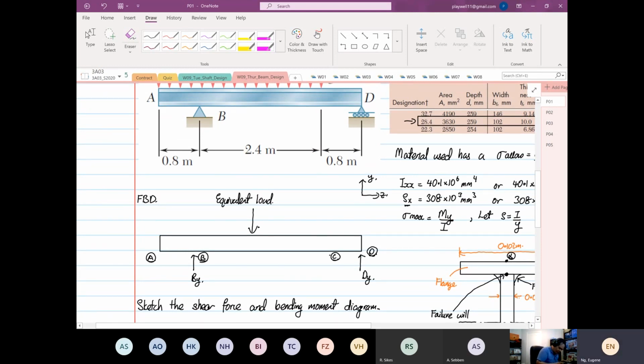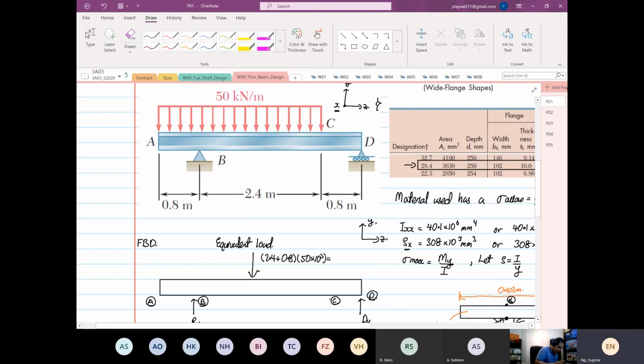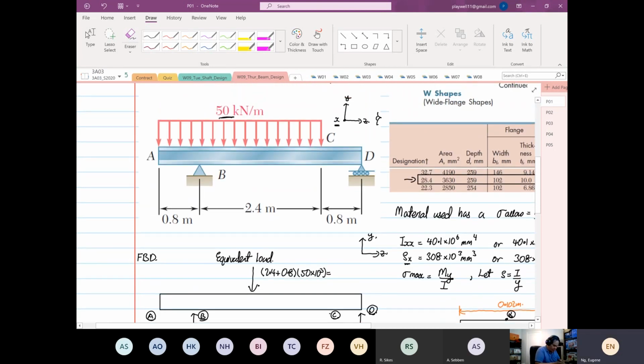The equivalent load will be equal to (2.4 + 0.8) times 50 times 10 to the power 3, because this is 50 over here. So it is equal to 160 times 10 to the power 3 Newton.